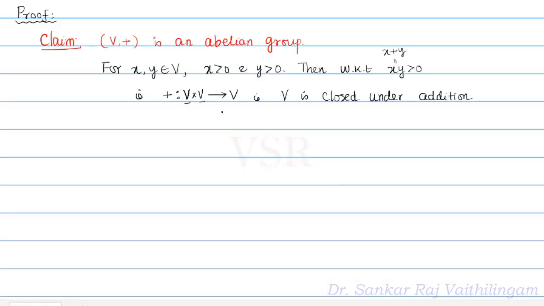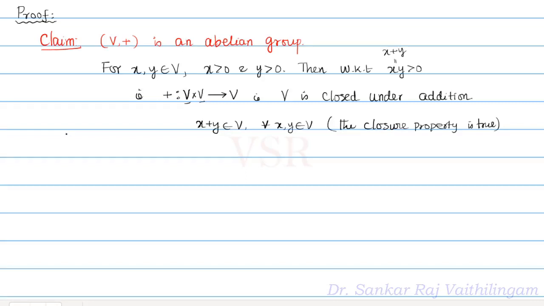So x plus y belongs to capital V for every x comma y belongs to capital V. That is, the closure property is true.